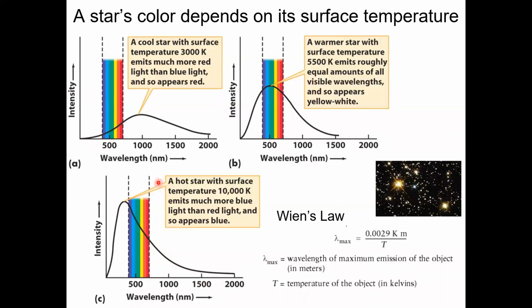So this goes to very old ages, like Wien's law, which says, if you observe a light source like a star, say for example, he proposed this equation: lambda max is equal to 0.0029 Km over T. So this is in Kelvin, the temperature of the star.